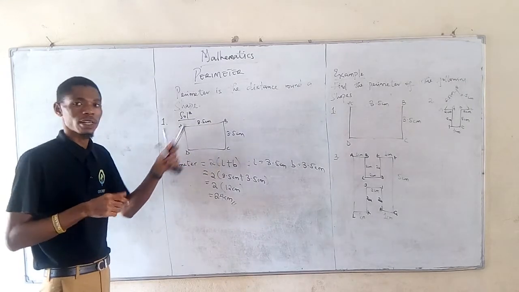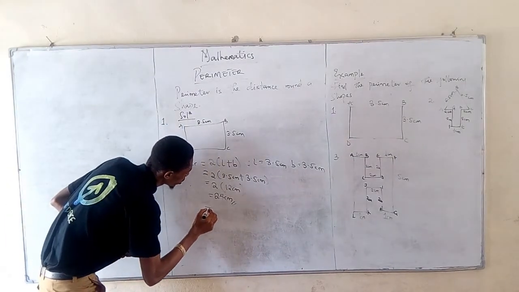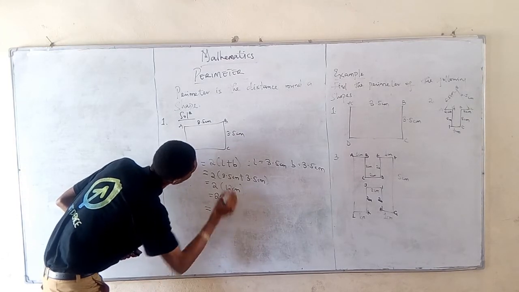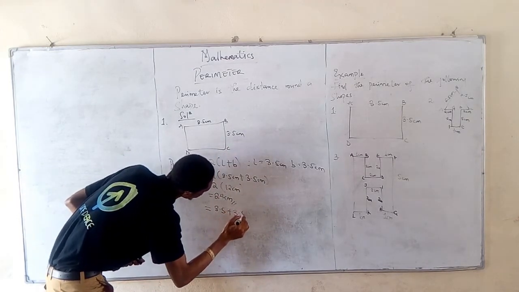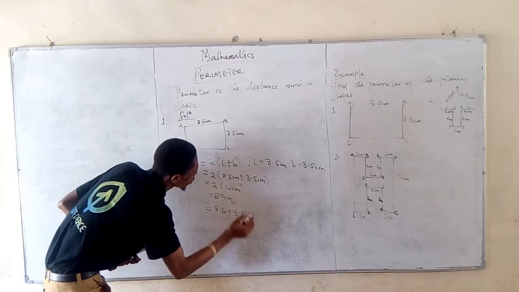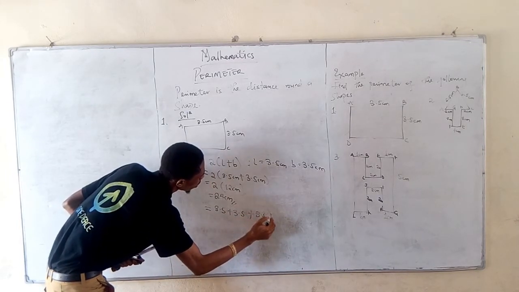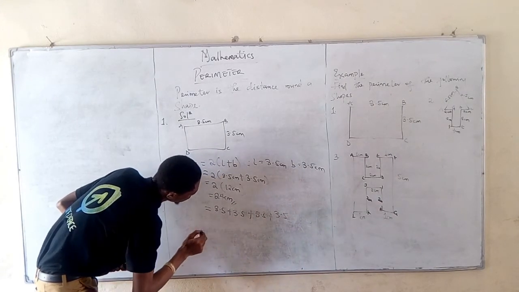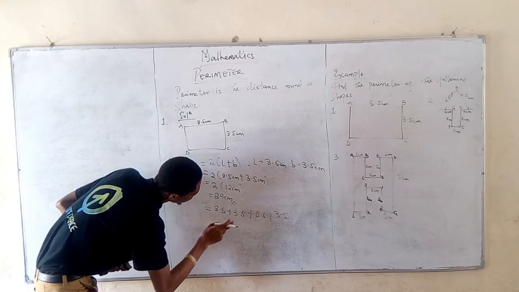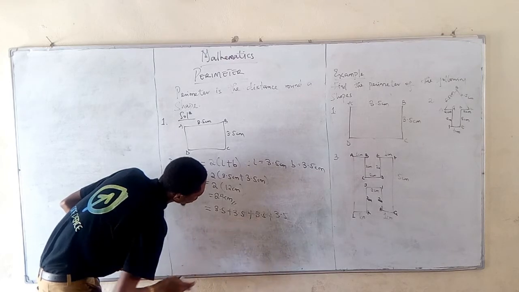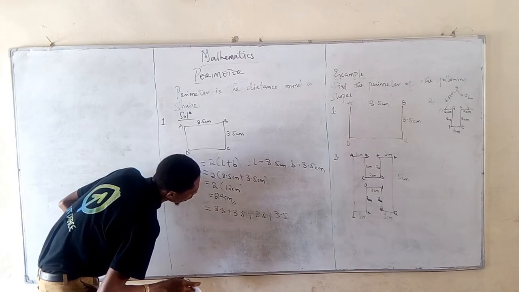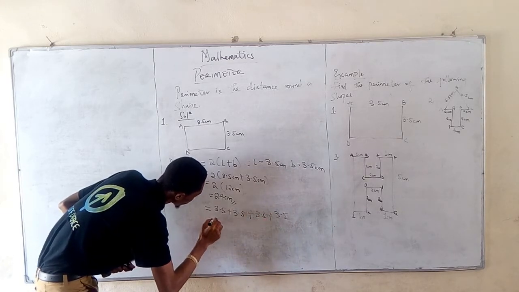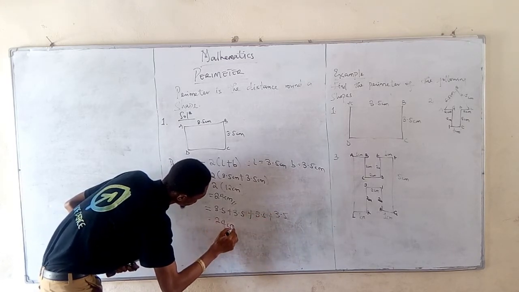Okay? Now, if we want to try the other way around, I say it's the sum total of the distance around the shape. So it's going to be what? 8.5 plus 3.5 plus 8.5 plus 3.5. 8.5 plus 3.5 is 12. 12 plus 8.5 gives us 20.5. 20.5 plus 3.5 gives us what? 24 cm.